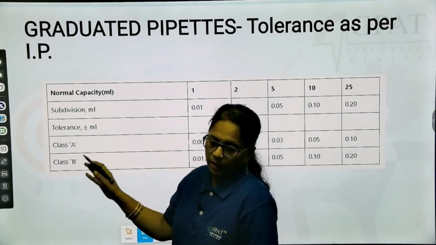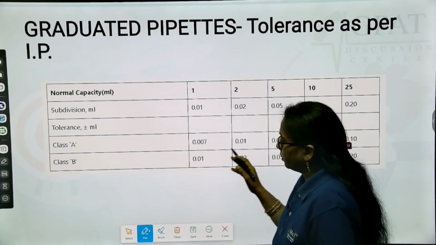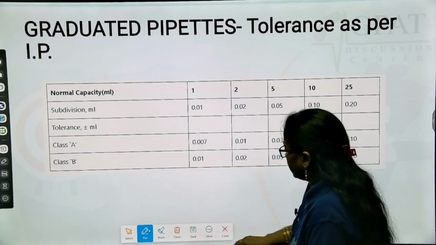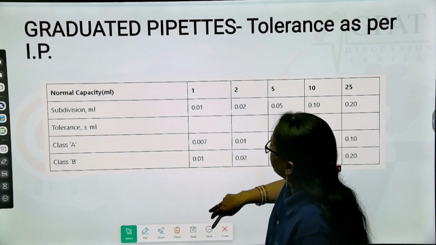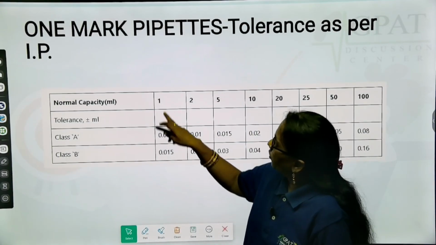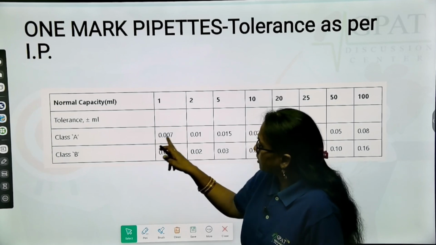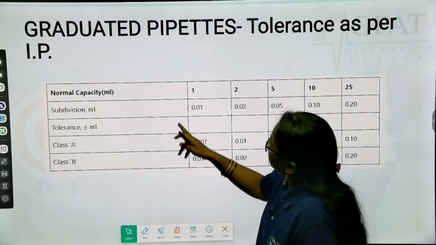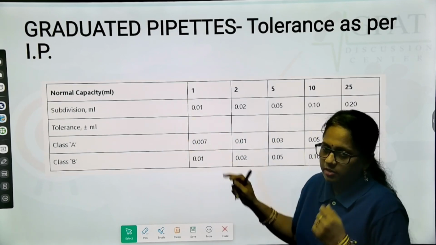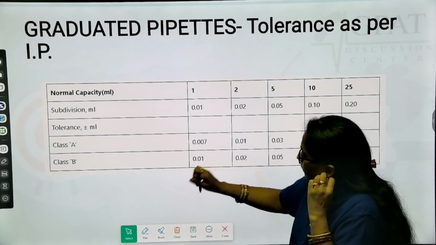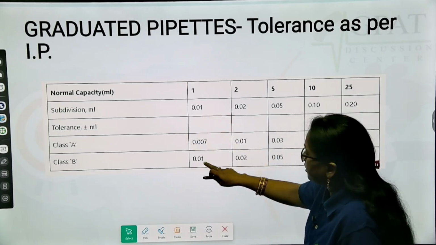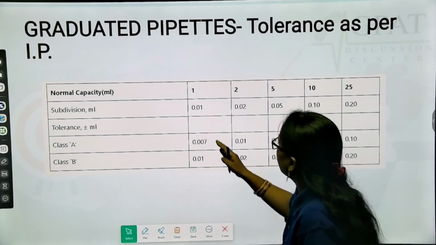For the bulb pipettes, that is also 0.007 or something like that, as we have observed. Here the same thing for bulb pipettes, 0.007, and for graduated pipettes also 0.007, but for class B that was double, but here 0.01, somehow it is less than that.